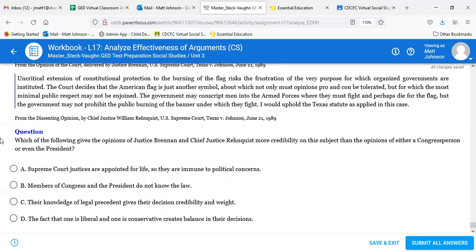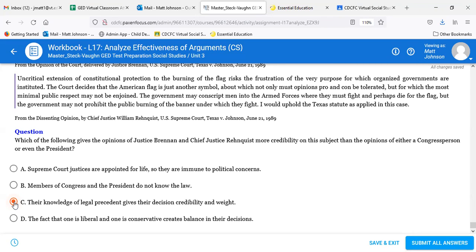Is it A or D? So it's C, right? Any justice on the Supreme Court we consider an expert in law. So they understand legal precedent. They are the foremost authorities on the Constitution in our country, at least theoretically.